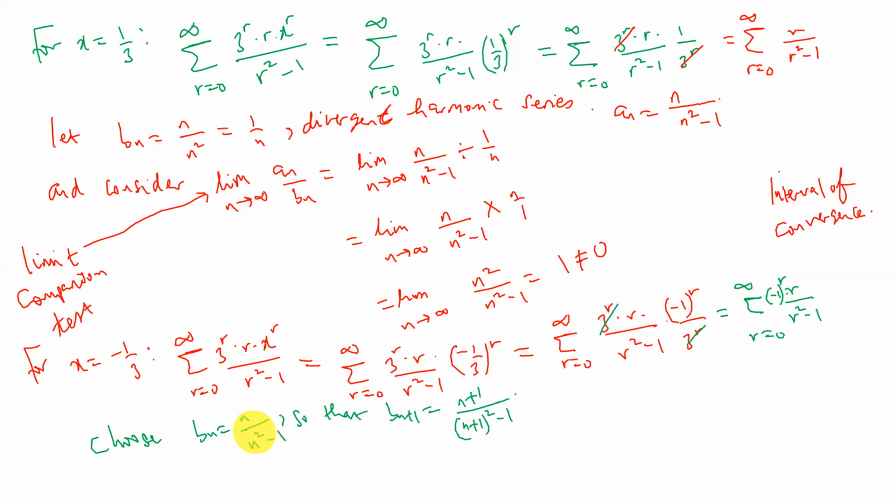Okay, if n is 1, we can't allow 1 because the denominator is 0. So you'd have to take n equals 2, which is 2 over 3. So this one will be 2 over 3.